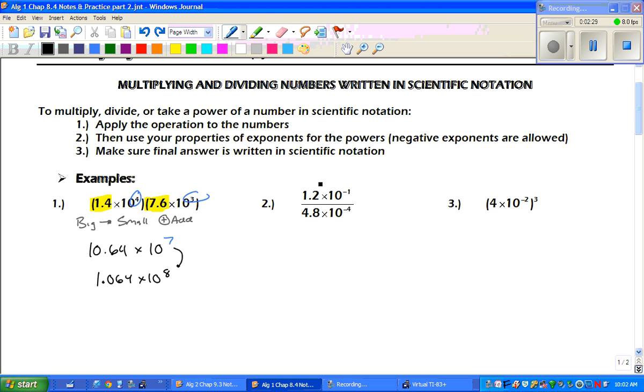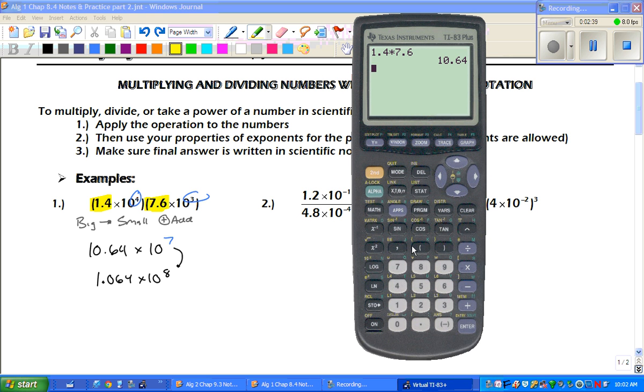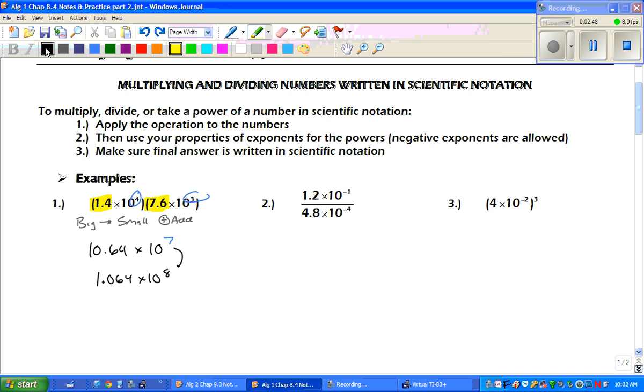All right. Now, for number 2, we're going to do the same thing, but this is division. So I'm going to divide the numbers, 1.2 divided by 4.8, which gives us 0.25.